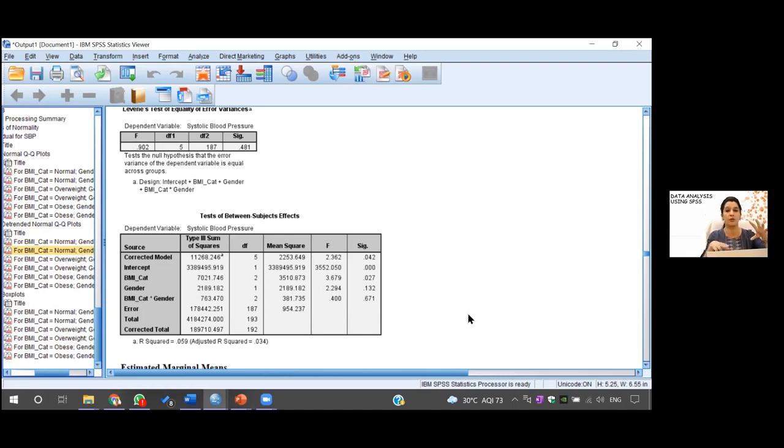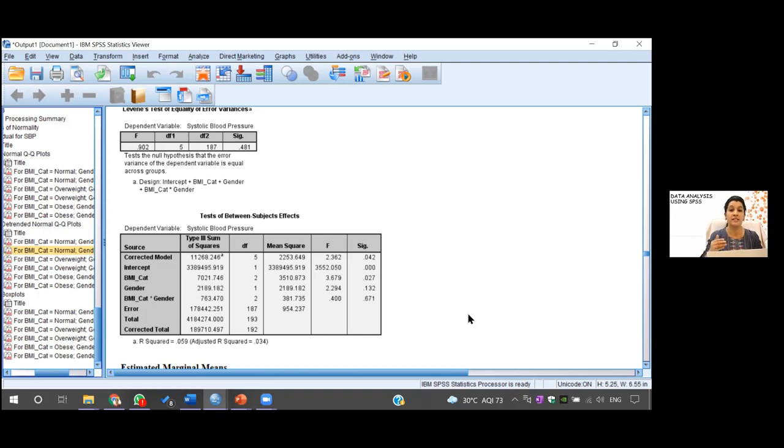So we will report the main effect of gender on systolic blood pressure and the main effect of BMI CAT on systolic blood pressure. So we will have two tables, right? So is it clear to you?